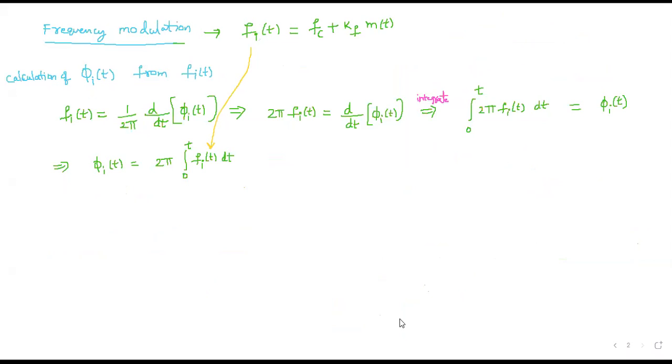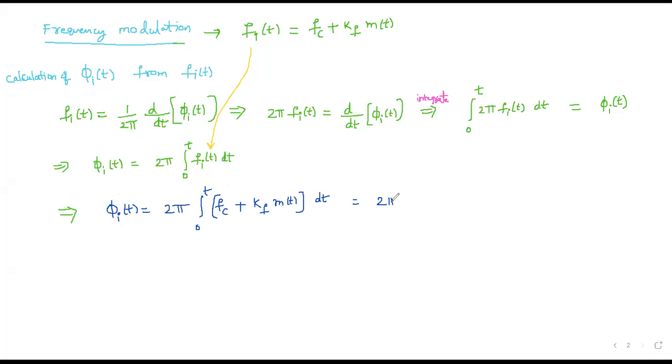If I do that, phi i of t is equal to 2 pi into integral 0 to t of fc plus kf into m of t dt, right?